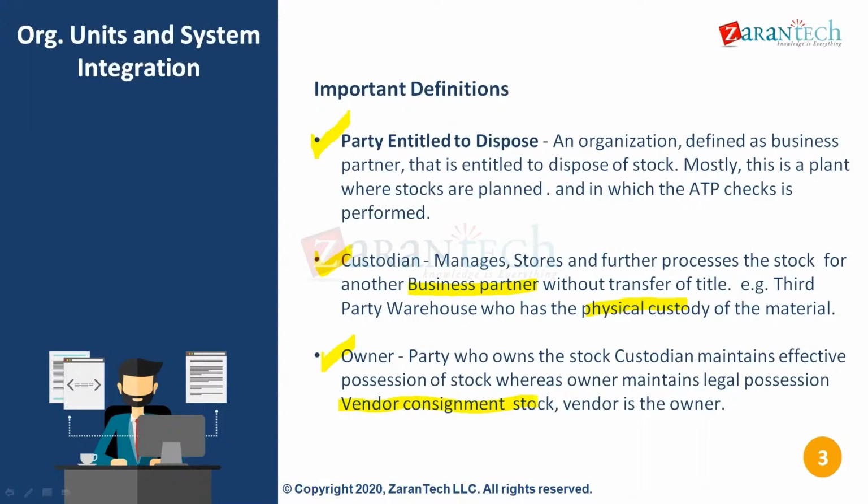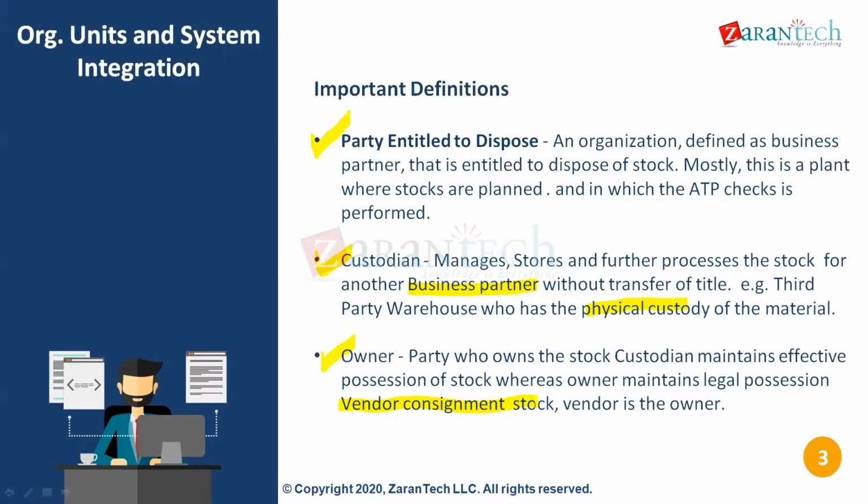But when you see the same thing in EWM, you'll not see special stock category. We don't have them in EWM. You'll see the owner is BP XYZ, whatever is the vendor code. So the vendor name comes as the owner. There's just one field, owner, where the vendor name is maintained.